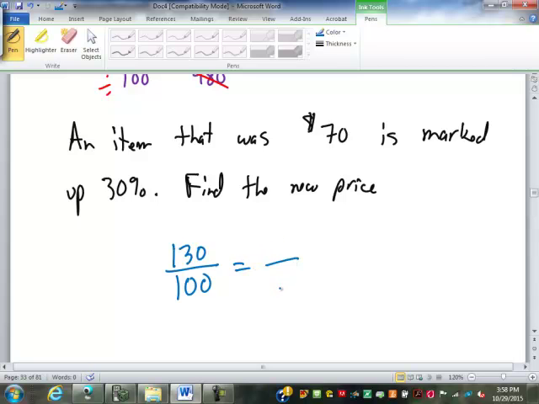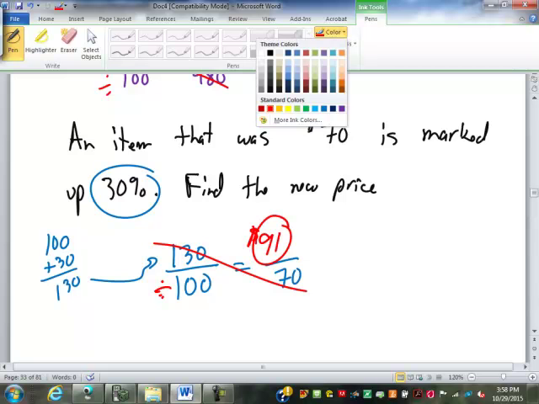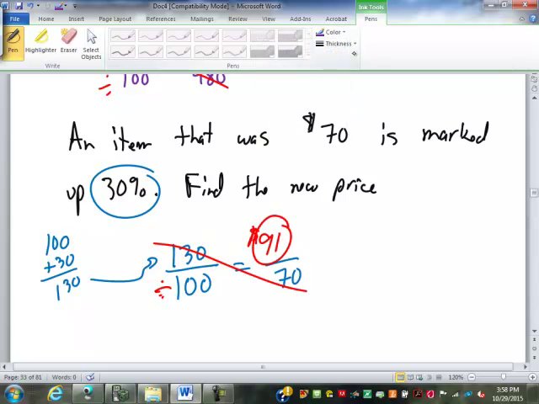Where does the 130 come from? Yeah, full price, so the old price was 100%. If we're increasing by 30%, 100 plus 30 is 130%. So we're finding 130% of that beginning price of $70. Cross multiply and divide, we get 91. Now, as I said, it would have been just as simple here to find 30% of 70, which is $21, and add that to 70 to get 91. But there are problems where that does not work.